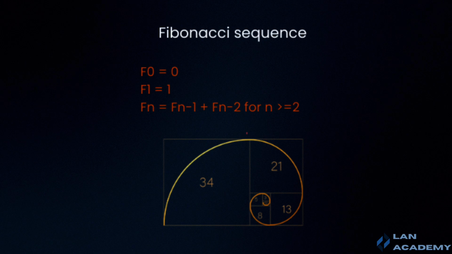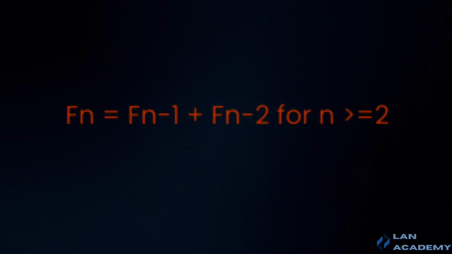f0 equals 0, f1 equals 1, and fn equals fn minus 1 plus fn minus 2 for any n larger or equal to 2. In other words, each term after the first two is the sum of the previous two terms.